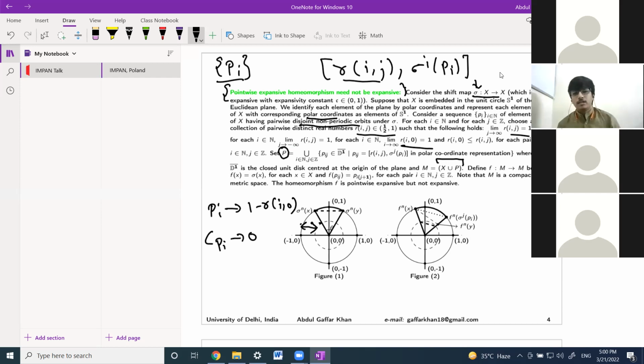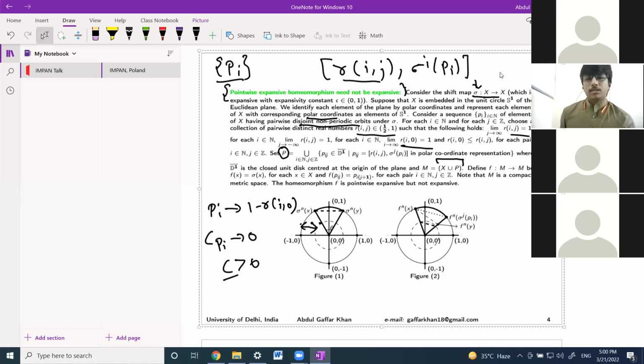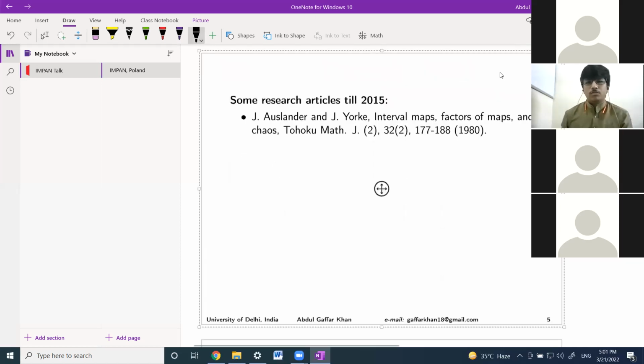So we cannot find any least such constant c greater than 0, so that every point will have expansive constant c. So the map will not be expansive. Moreover, the space is compact and it's a homeomorphism. Again, he has established that even though it's a weaker notion, the space S1 and the open interval do not admit any pointwise expansive homeomorphism.